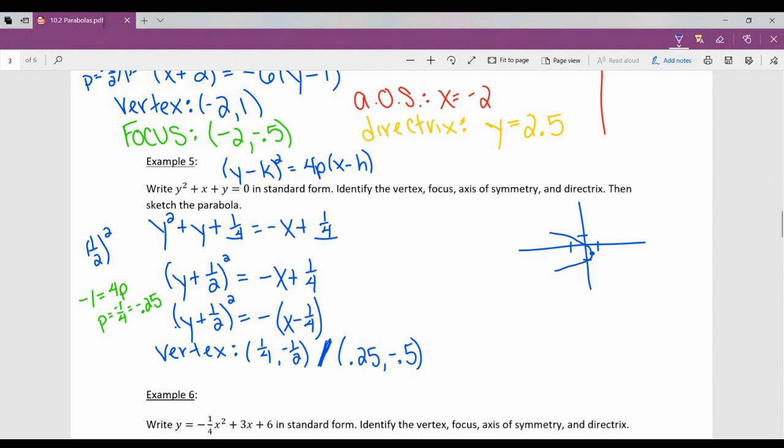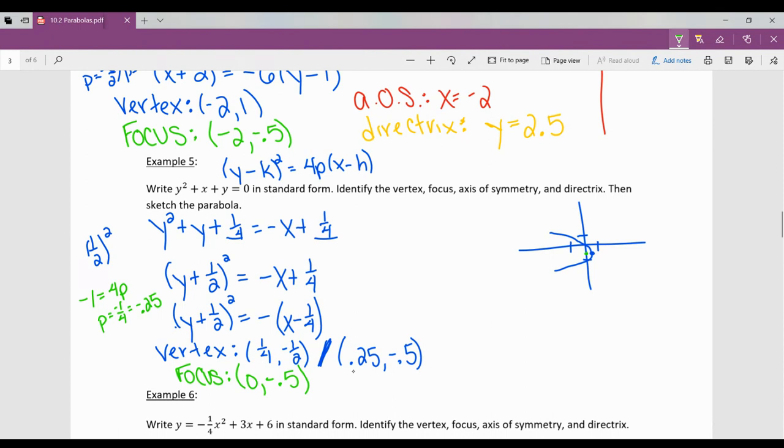All right, and now my focus is 0.25 to the left. Well, if it's at 0.25, to move to the left 0.25, it's going to be at 0. So focus is at 0, comma, negative 0.5. I'll keep them in decimal just to make it a little bit easier for adding and subtracting.